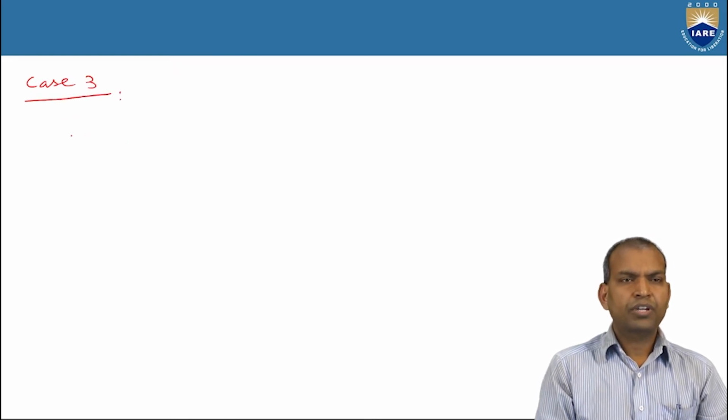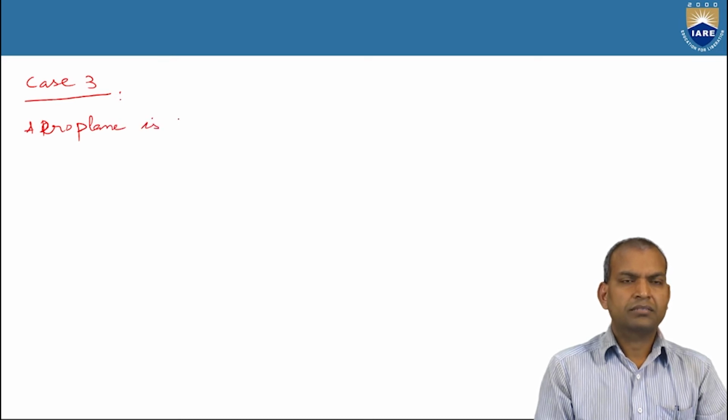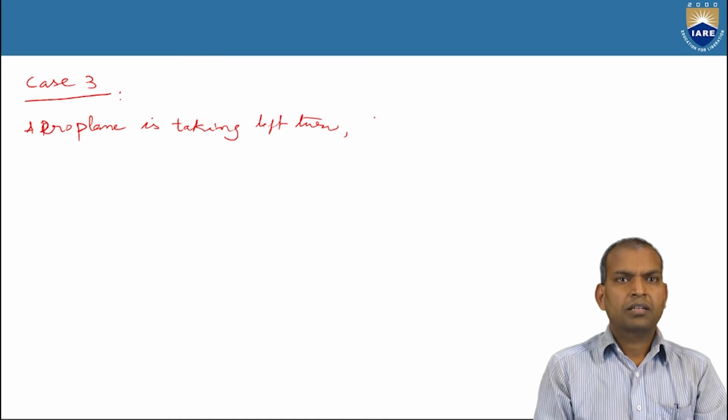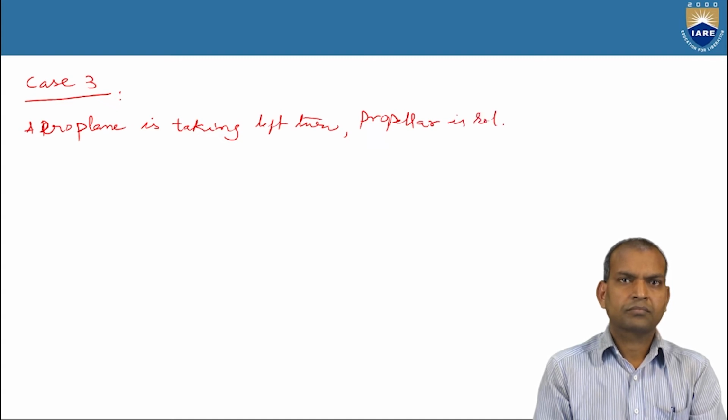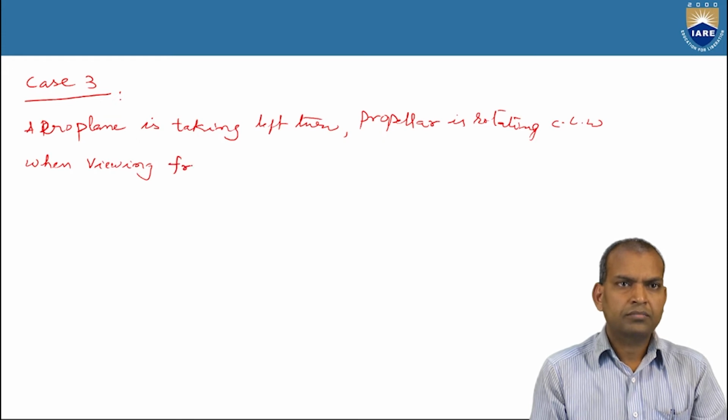In this case, we are going to study an aeroplane taking a left turn, and the propeller is rotating in counterclockwise direction when viewing from the rear end or tail end.